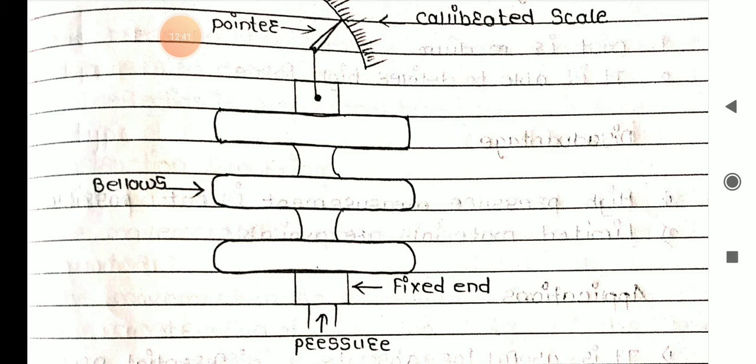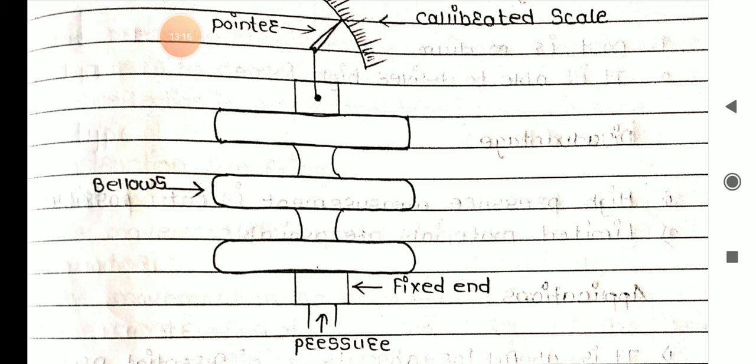Next point, when no pressure is applied to the bellows, there is no movement of the wall element. There is no movement of the bellows. Whenever pressure is applied to the bellows, there is an expansion or compression of the wall of the bellows.